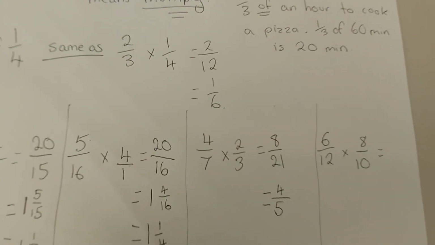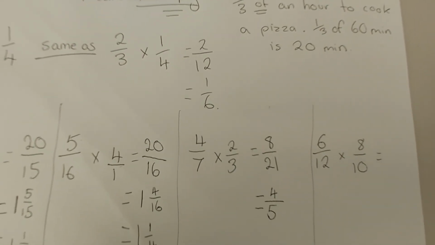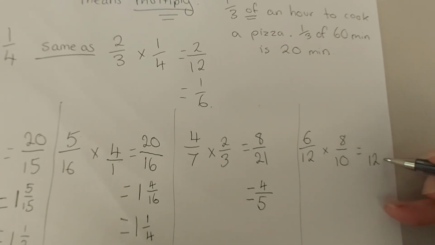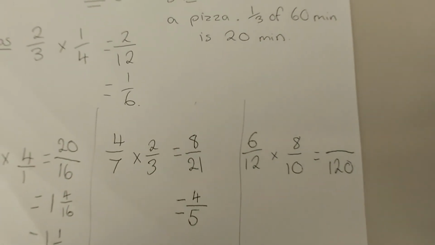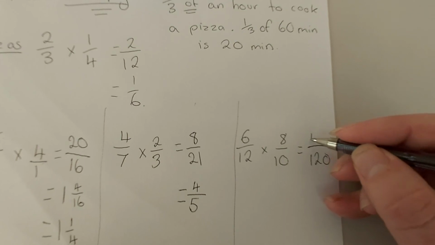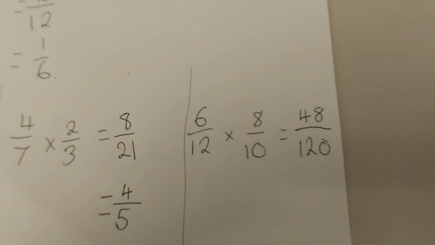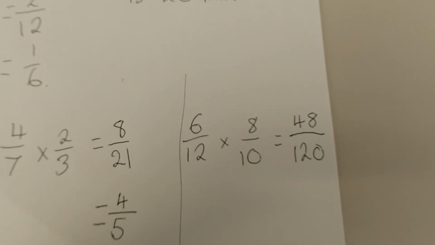6 over 12 times 8 over 10. So we've got 12 times 10 gives us 120. And 6 times 8, 6 6s are 36, 7 6s are 42, 8 6s are 48. All right, can we cancel this one down any further? 48 over 120.